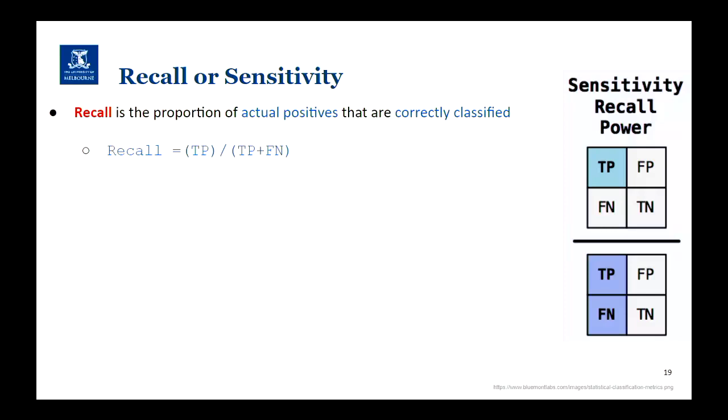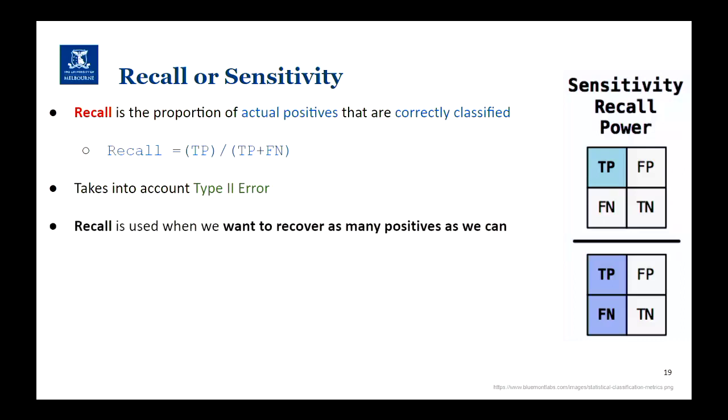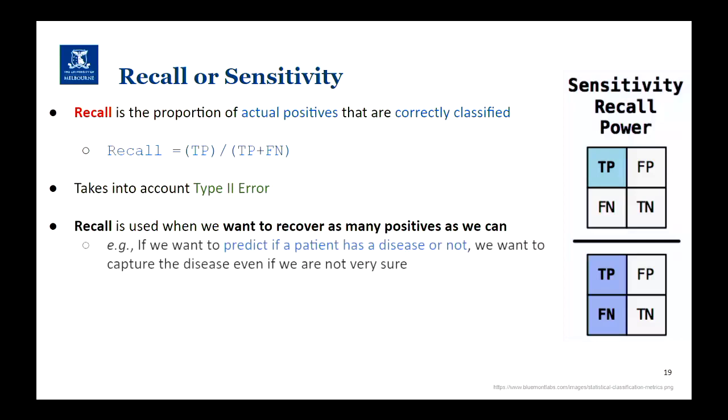A true positive is a positive that I say is positive, but a false negative is in fact a positive too. So we take the proportion of true positives out of the actual column. In this case, recall takes into account type 2 error and is used when you want to recover as many positives as you can.